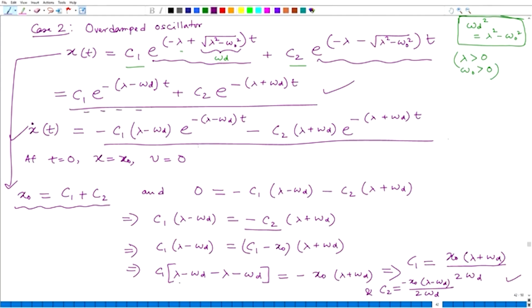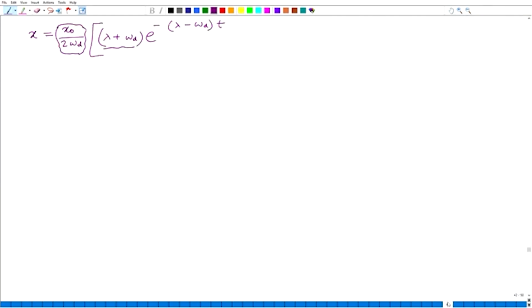If you just follow this one, then you will have minus (lambda minus omega d) e to the minus (lambda plus omega d) times t. And similarly, you have for velocity or the speed the same thing in 1D.